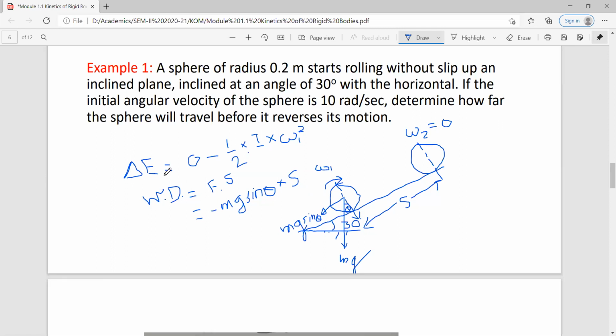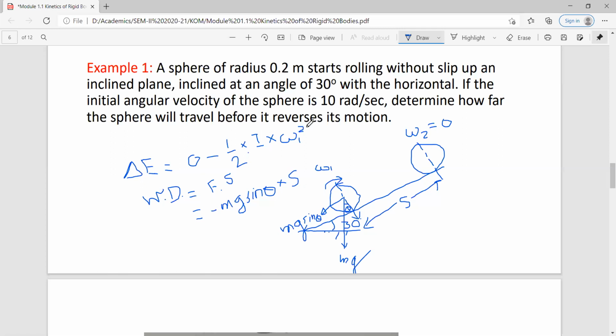Now the work energy principle says that whatever change there is in kinetic energy is converted into work done. Some work is done at the expense of kinetic energy. So I will equate these two: Delta E is equal to work done. Now you tell me what you need to find the answer. What is unknown? See, omega 1 is given, 10 radian per second.